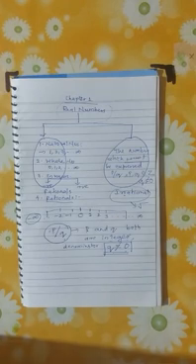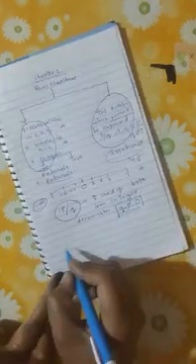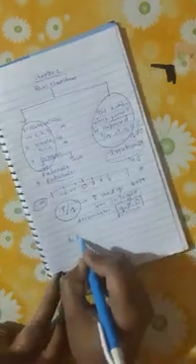So what is HCF? The greatest number which divides each of two or more numbers. We have learned it in lower classes also, children. If I take a very simple example, for example, we have three numbers 4, 6 and 8.